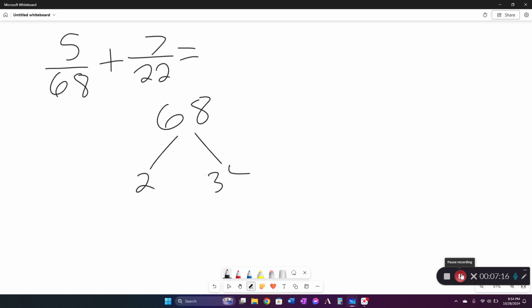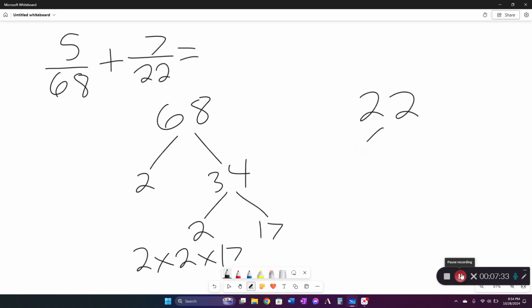That's 34. We can divide out again, and that's going to be 17. So 2 times 2 times 17. Okay, now let's do 22. We're going to divide by 2. That's 2 times 11. Easy one.